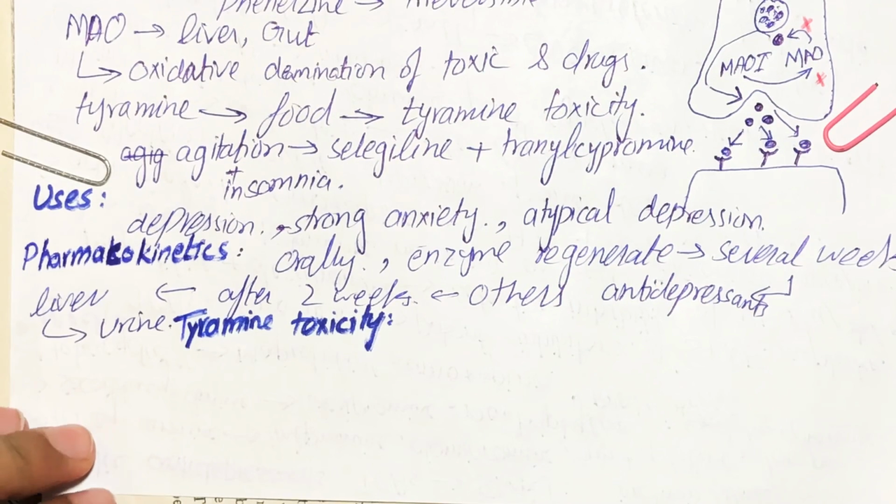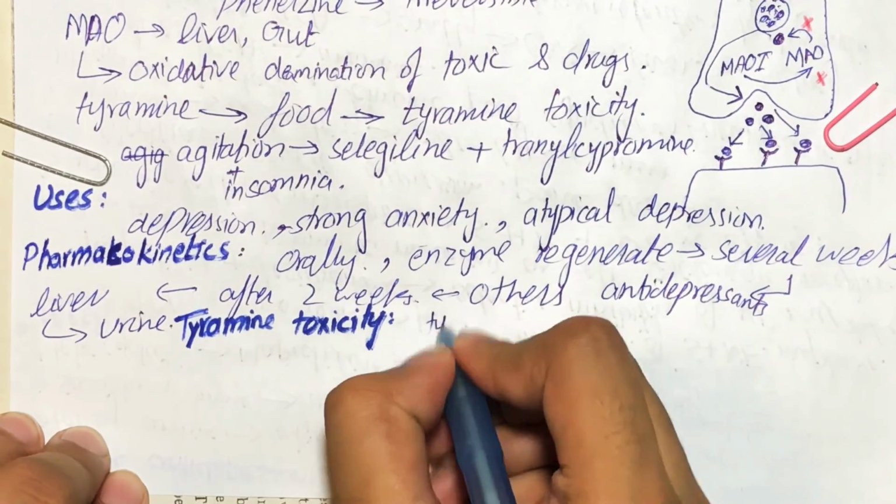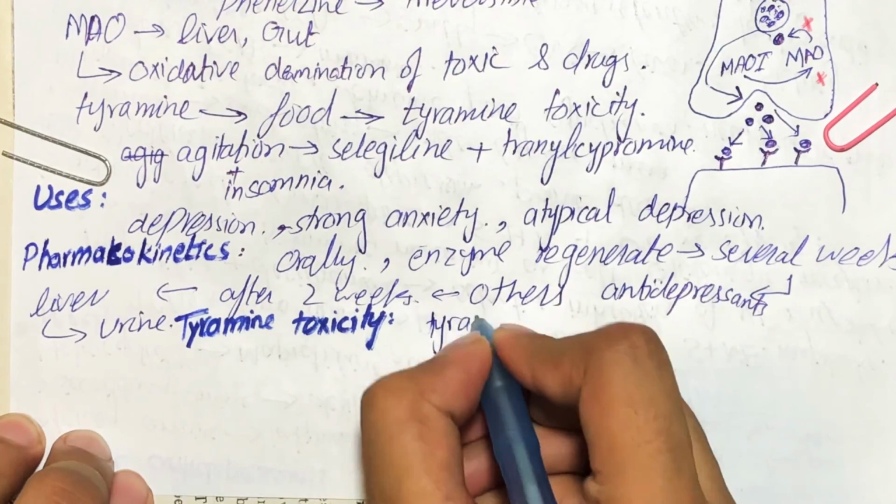So now let's talk about tyramine toxicity. Tyramine is actually present in many foods. It is present in cheese, meat, chicken liver, pickles, smoked fish, and also in red wines. When you eat that food, tyramine is degraded by monoamine oxidase present in the gut.